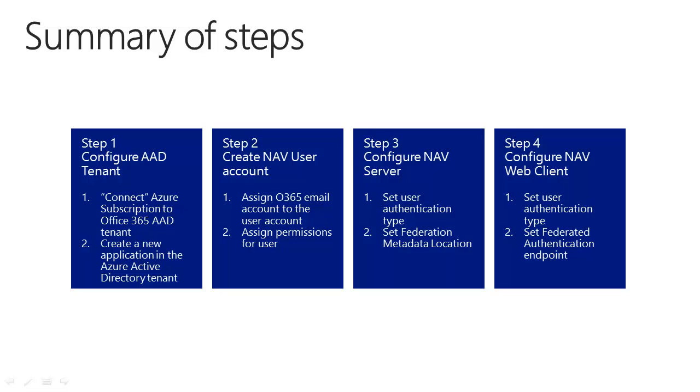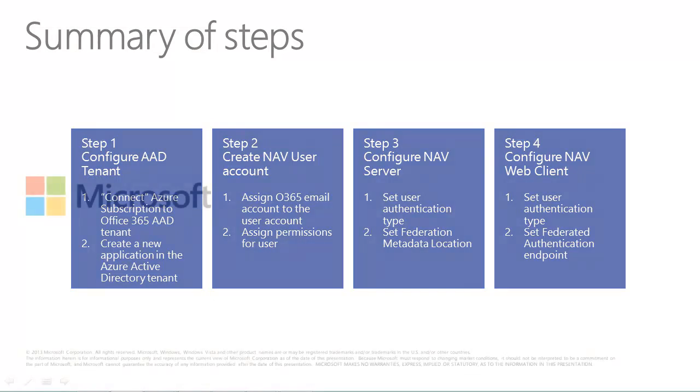In step 2, we have created a new NAV user account and linked the Office 365 email address to this user account. In step 3, we have configured the NAV server to support federated authentication, and in step 4, we have configured the NAV web client to support federated authentication.